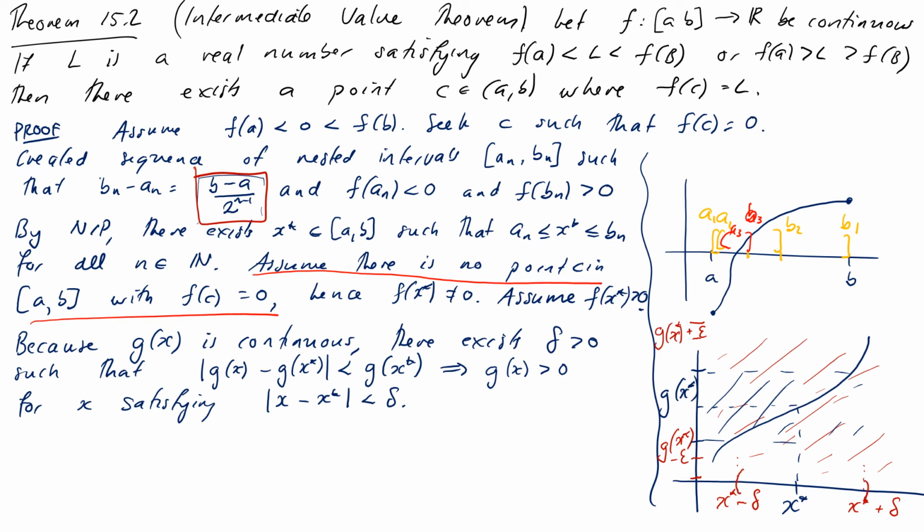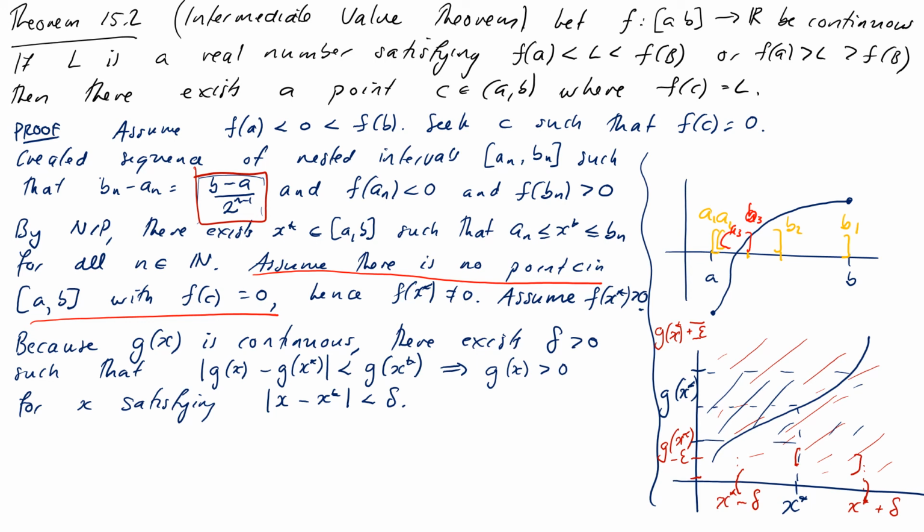So in particular, we can make it so that bn minus an is less than delta, which means it must fit somewhere inside this bracket here.